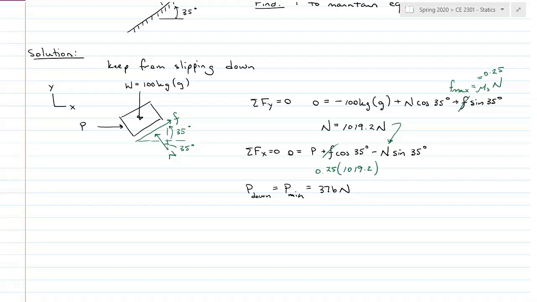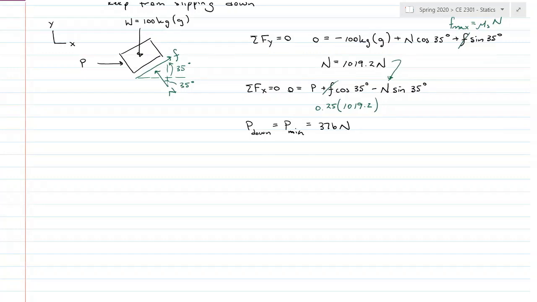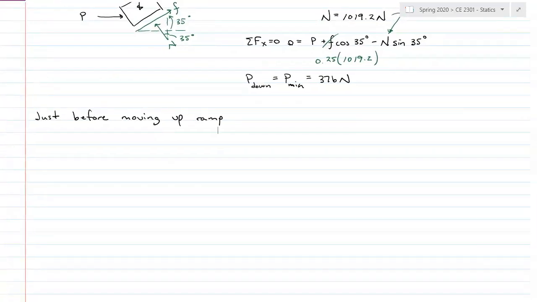Okay, now let's go to maximum amount of effort, which is helping my friend push the box up into the truck. So just before moving up the ramp or the sloped surface, okay, what changes here? Does the weight of the block change?